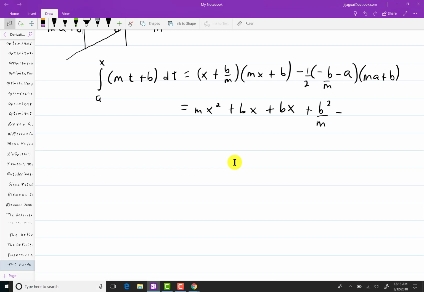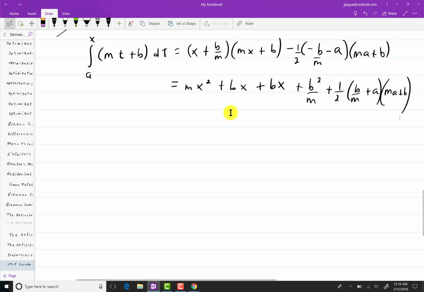Actually, I'm going to change it to a plus. That way I can have 1/2 times b over m plus a times ma plus b. I don't care about this. This is the formula for the integral.